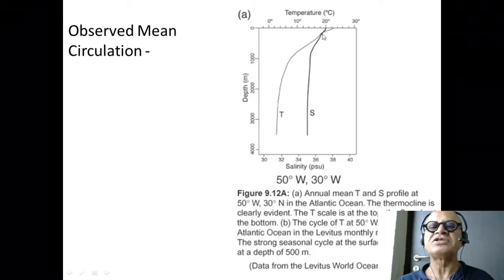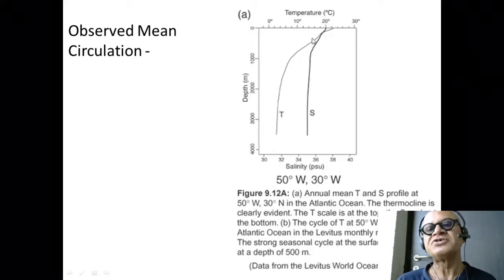The thermocline is not so strong, or let's say the mixed layer is hardly visible. The temperature is almost continuously decreasing and then reaches this near constant temperature of about 2 degrees as we go beyond a couple of kilometers.